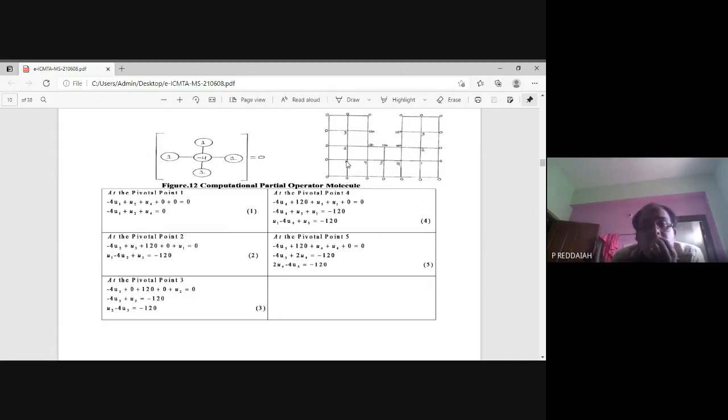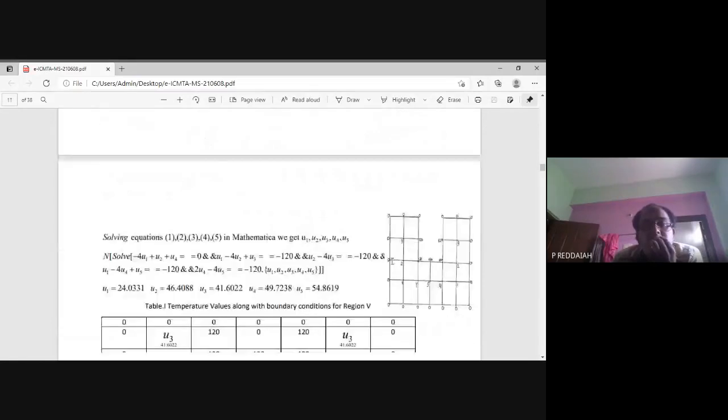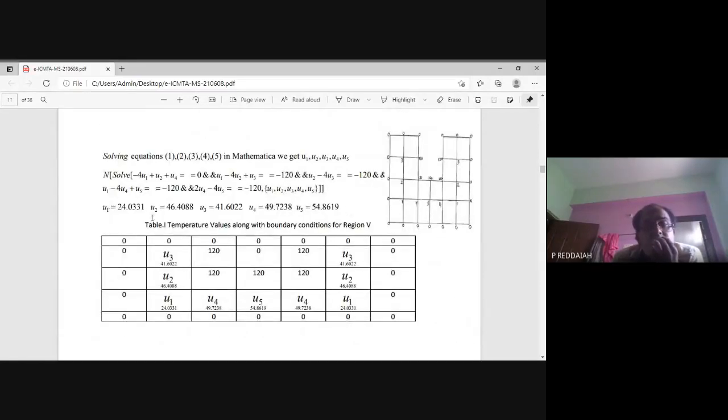First, at pivotal point 1 we place this partial operator molecule: minus 4u1 plus u2 plus u4 plus 0 plus 0 equals 0. Like that we get equation number 1. Next, placing it at 2 we get equation 2, then 3, 4, 5. Solving these 5 simultaneous equations I get the unknown pivotal point values u1, u2, u3, u4, u5, which along with boundary conditions I have placed in table 1.